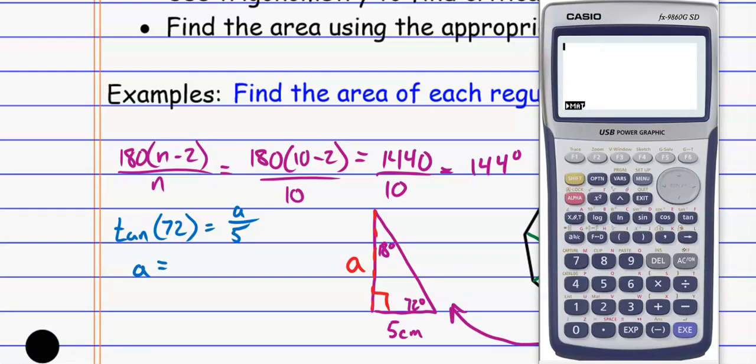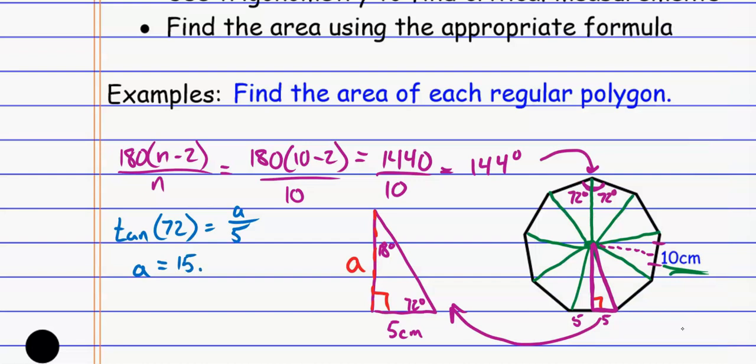On my calculator here, I can do the tangent, and make sure once again that your calculator is in degrees and not radians, but I can just do 5 times the tangent of 72 degrees. And I get 15.39, and we'll just round that off, so that's the apothem.